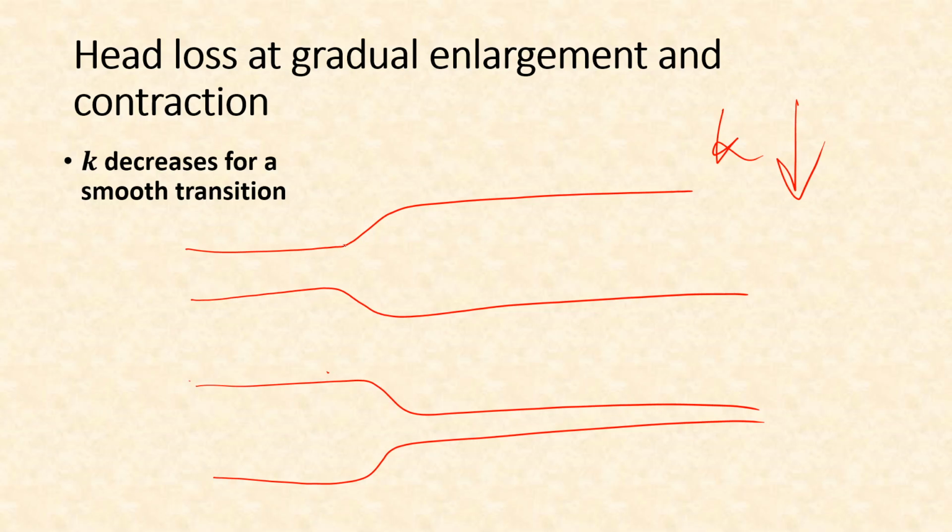Compared to this kind of transition, if the transition is made like this, then the K value will be further smaller, a very small negligible value. So this is how we can reduce this kind of head loss if we want.